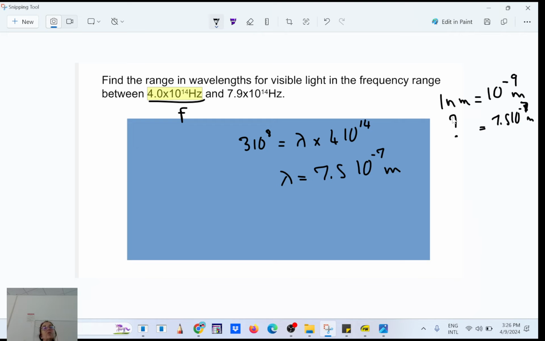You divide, because you want to know how many nanometers go into here. You cross multiply, divide. 1 nanometer is 10 to the negative 9 meters. So 7.5 times 10 to the negative 7 meters is what? Very good. Nanometers. And this is, I don't know, maybe blue.